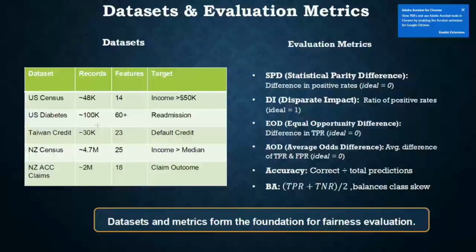The other two represent differences in equal opportunity on the positive rates or outcome. We also tested accuracy and balanced accuracy.